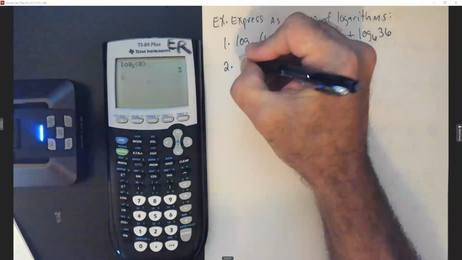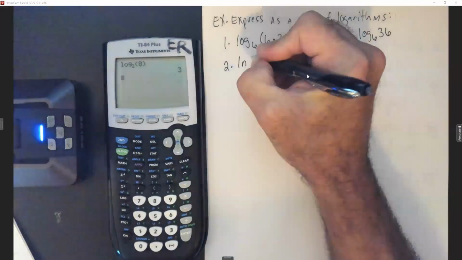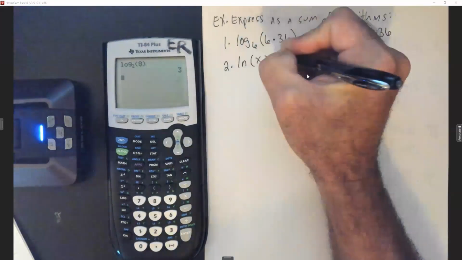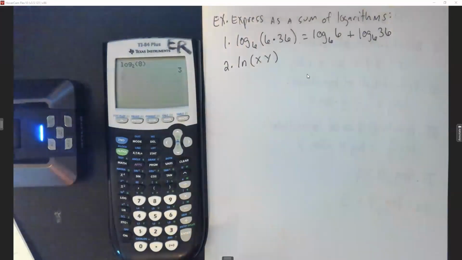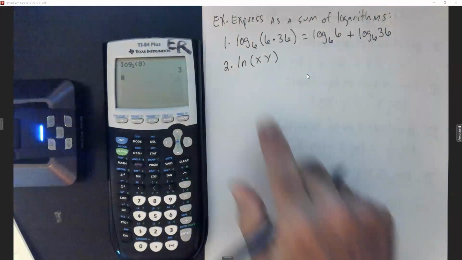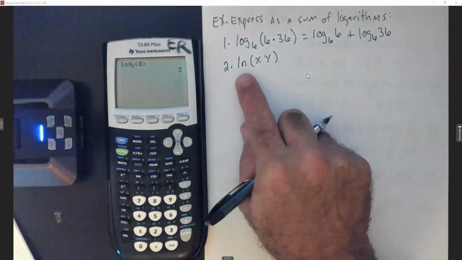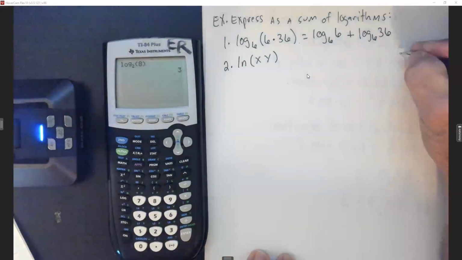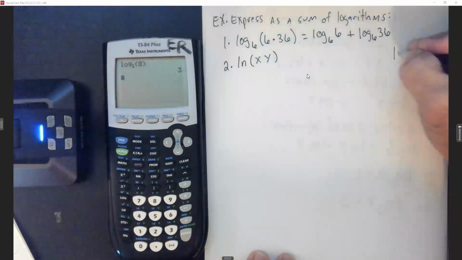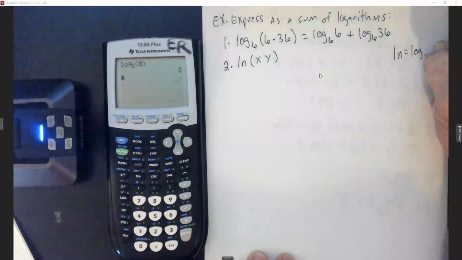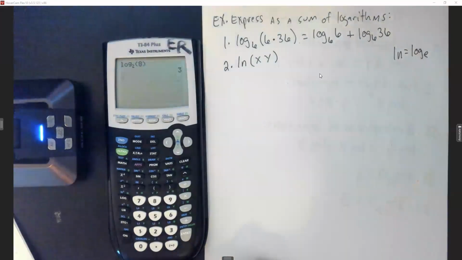So now we got an ln of x times y. And y'all, ln, it's even on the calculator. It's a special logarithm, but ln is really a log base e, okay? ln stands for natural log.